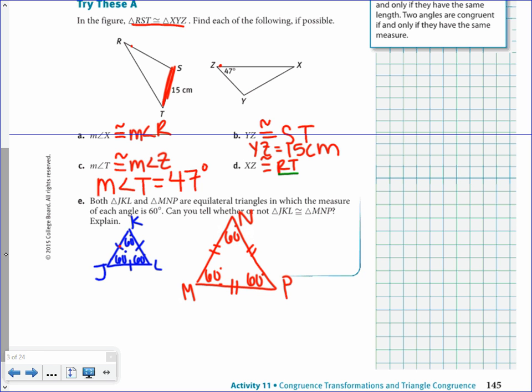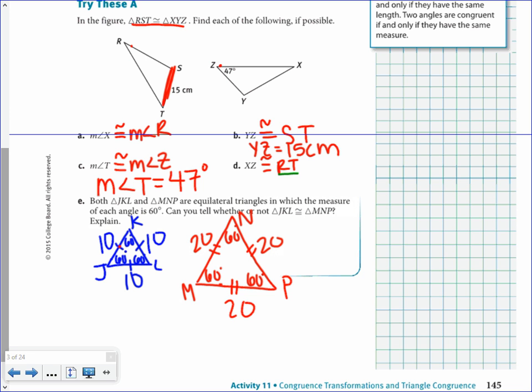Your equilateral triangles have to have the same angle measures, but they could have different side measures. This one that's blue could have side lengths that measure 10, and this one that's red could have side lengths that all measure 20.